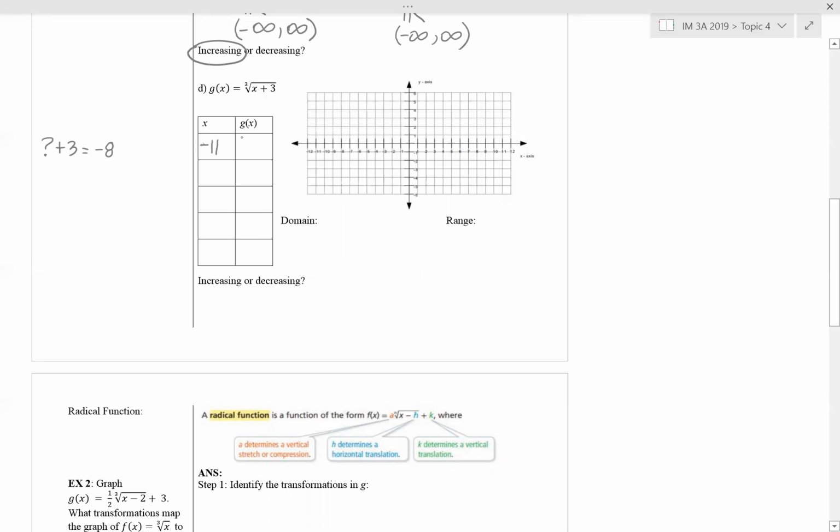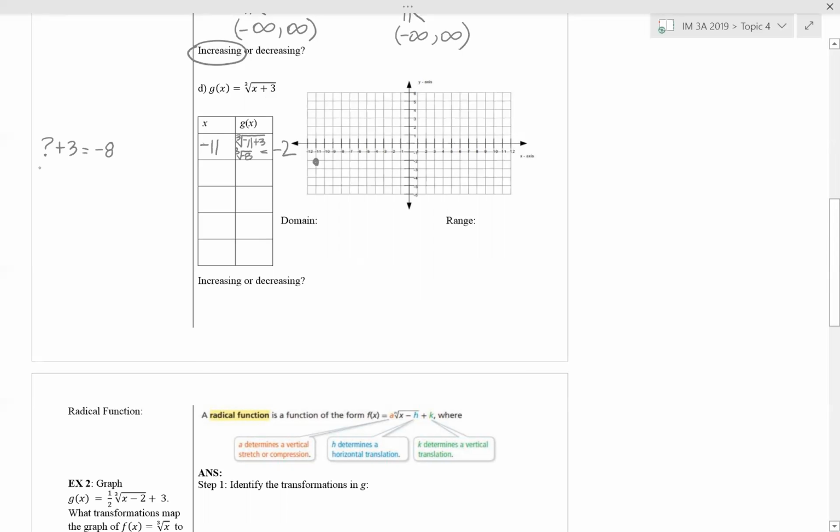If I plug in negative 11, the cube root of negative 11 plus 3 is the cube root of negative 8, which is negative 2. So my first point for this is going to be at negative 11, negative 2.